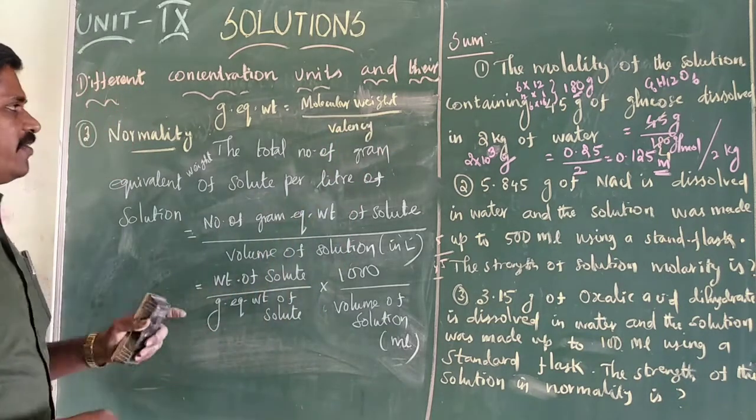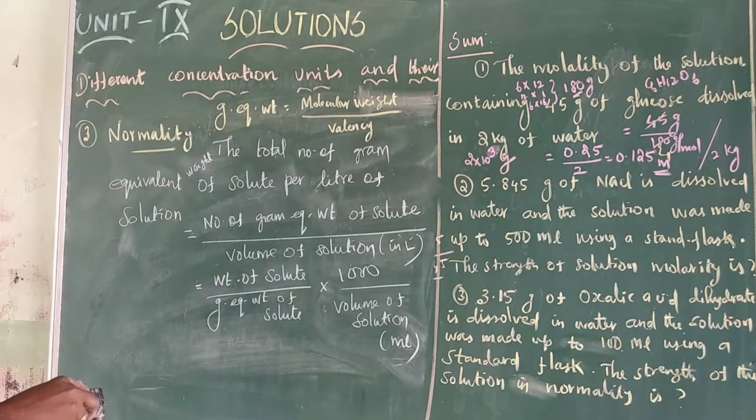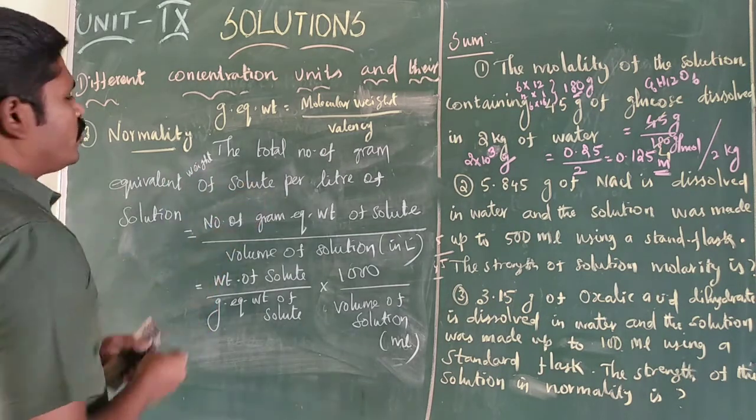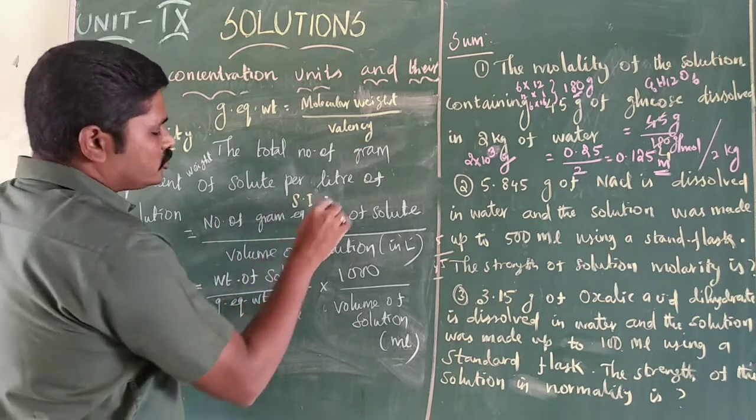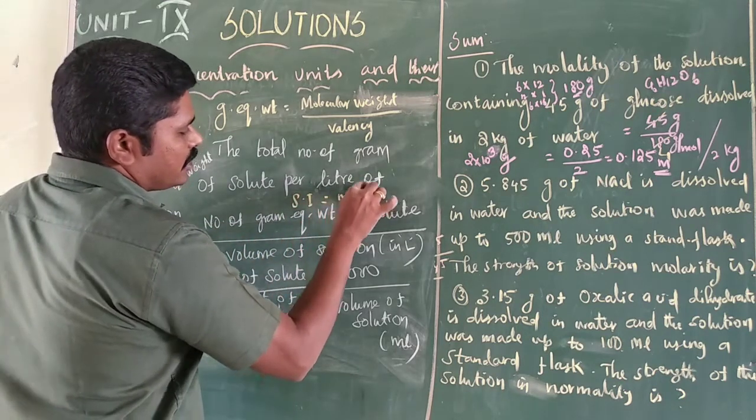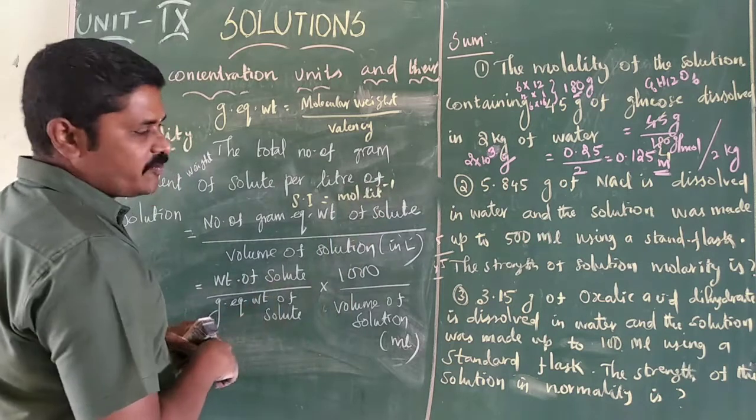The SI unit of normality is also mole per liter or mole liter inverse.